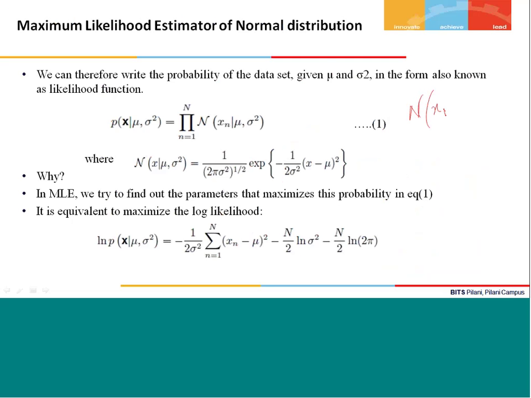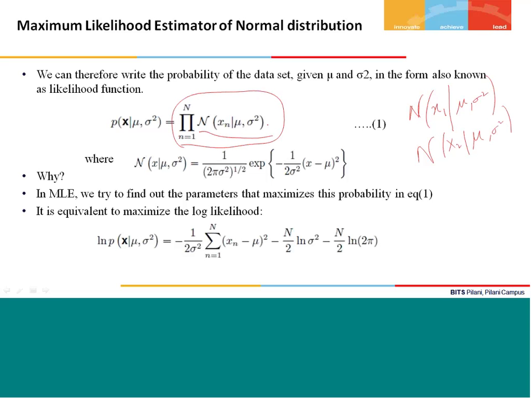The probability of a given x, let's say x1, where the parameters of the normal distribution are the true mu and sigma square, is the probability of my first x1. Likewise, the probability of my second point is x2. Now the likelihood function: because they are IID, I can multiply these. So this is a product of n points, and I am multiplying them now. Just to recall, this is the normal function.